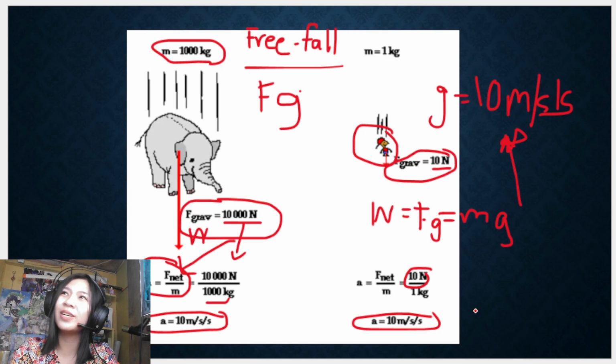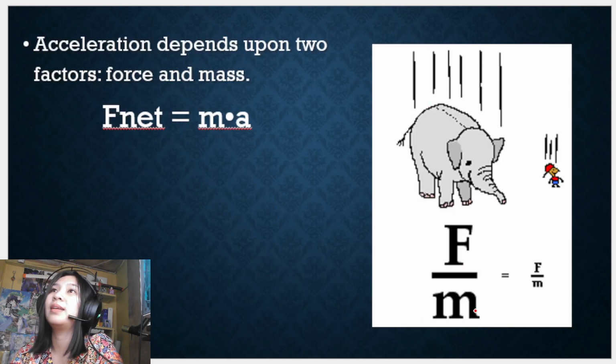Why? Because in free fall, mass doesn't matter. Remember that. Free fall, mass doesn't matter. So, what would happen if there is air resistance? No? In free fall, we neglect air resistance. What happens if there is air resistance?